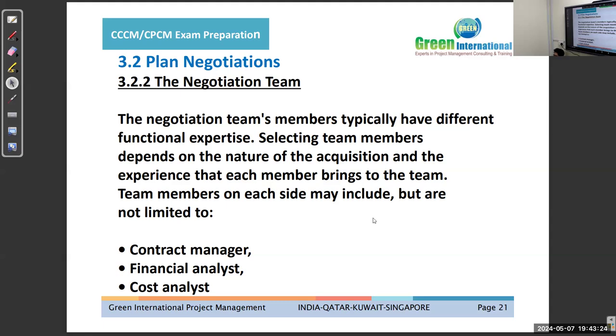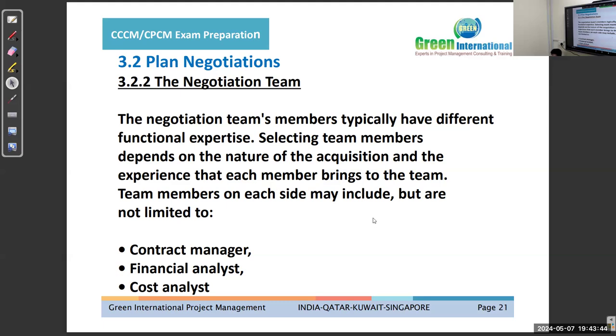We'll go through this slide. Negotiation team members typically have different functional expertise. Selecting team members depends on the nature of the acquisition and the experience that each member brings to the team. Team members on each side may include, but are not limited to, contract manager, financial analysis, cost analysis.